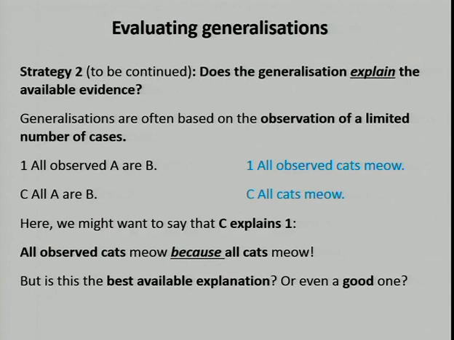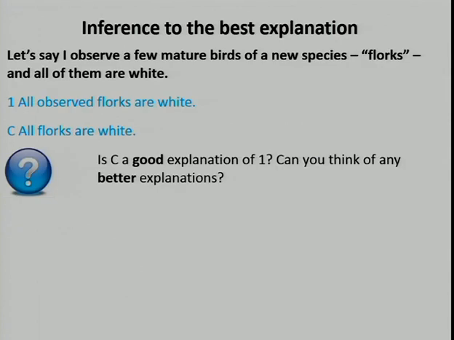So that's the first step of inference to the best explanation, and that can't be everything, because you could have totally outlandish explanations, right? We could all come up with totally weird things. So it's important here to think about how good an explanation it is. So let's take another weird example. Florks, a new species of mature birds. All of the ones that have been observed are white.